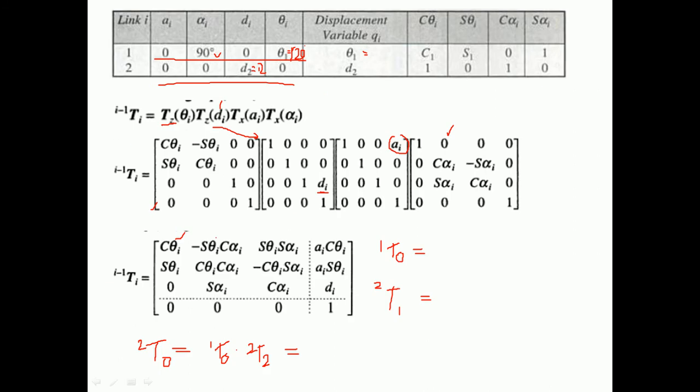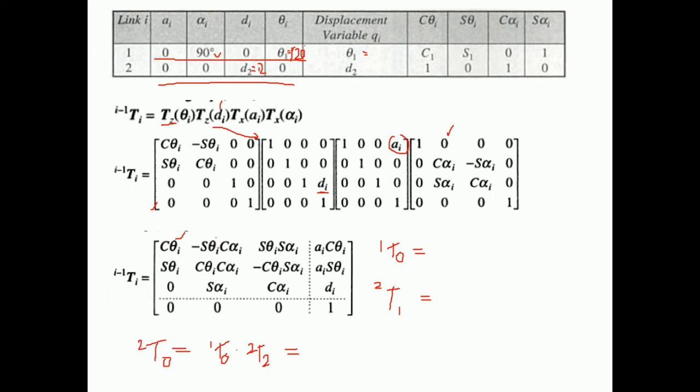So with this equation, we can find the homogeneous transformation matrix by filling the values of joint 1 and joint 2 in these homogeneous transformation matrices, after multiplying these 4 matrices with respect to DH parameters, and with respect to that we got these equations.